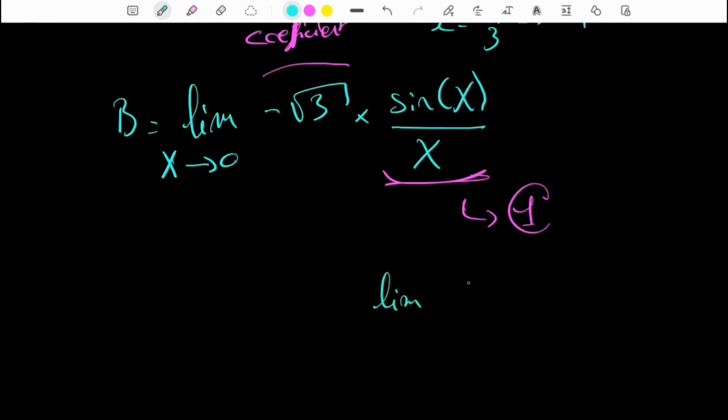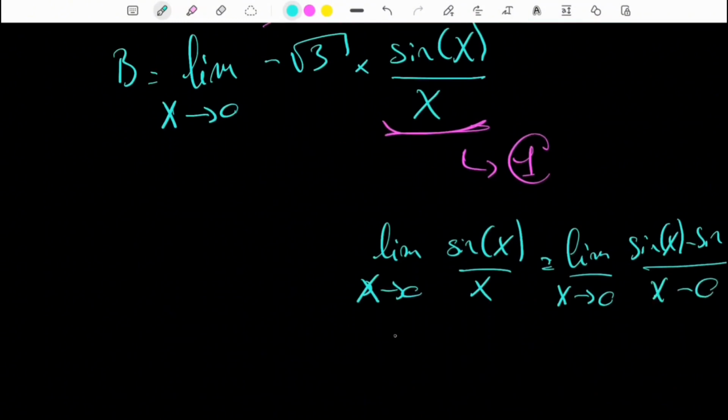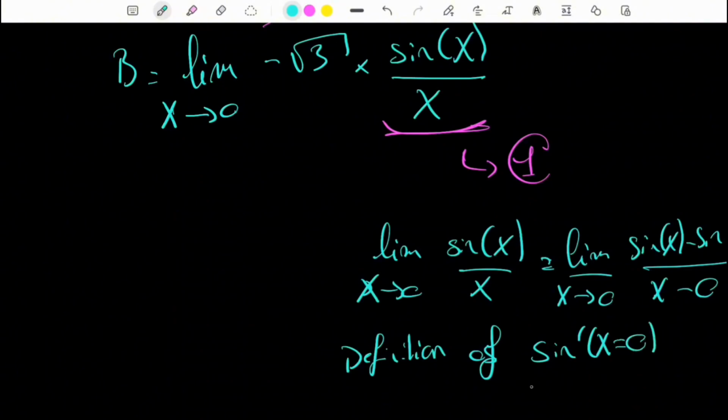So the limit of sine of x over x when x tends to 0 is equal to the limit when x tends to 0 of sine of x minus sine of 0 over x minus 0, and this is the definition of the derivative of sine. So sine prime of x when x is equal to 0 is equal to cosine of 0, which is equal to 1.